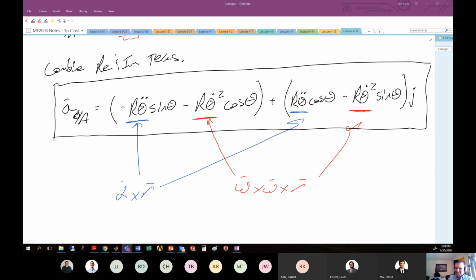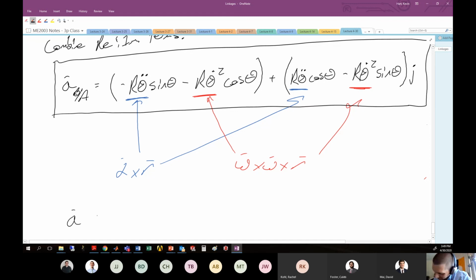It's not that disgusting. Where's the other term? What other term? Oh, this is a relative acceleration. So remember that the general equation for the acceleration is something like, you want the acceleration of B, which is the translational term plus this term.